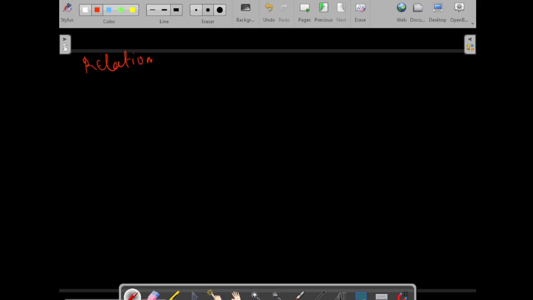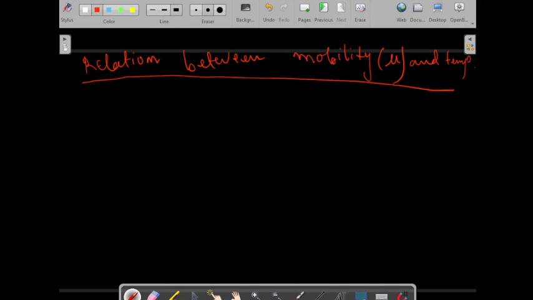The relationship between mobility and temperature is mu is directly proportional to T to the power minus m.